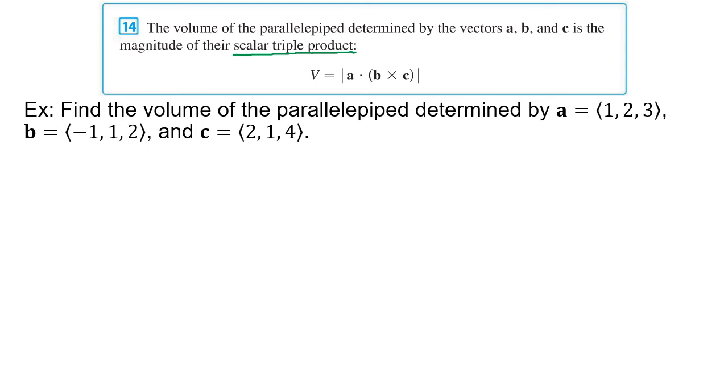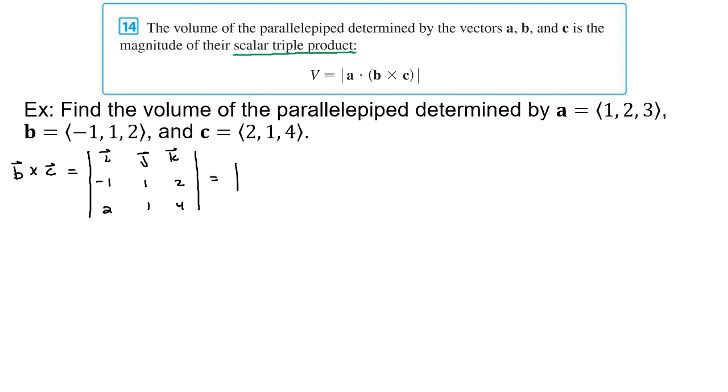So if it says to find the volume of a parallelepiped determined by A, B, and C, I first do the cross product. I actually want to do B crossed with C to begin with. So we're going to do B cross C. So that'll be an I, a J, and a K. I'll have negative 1, 1, 2, and 2, 1, 4.